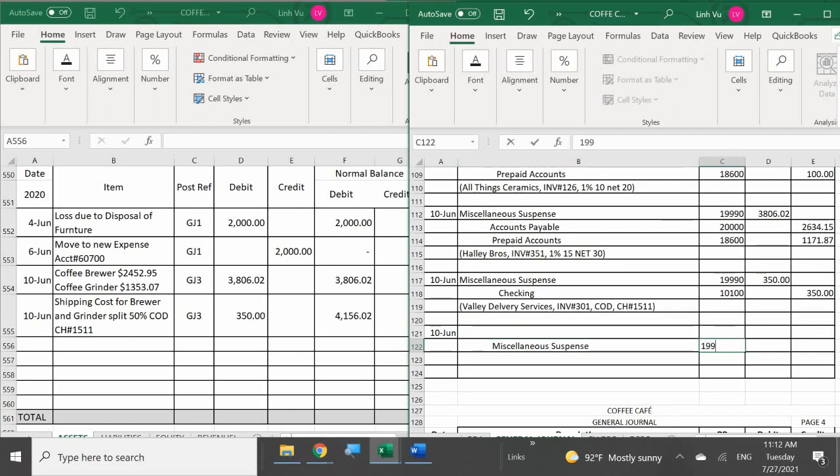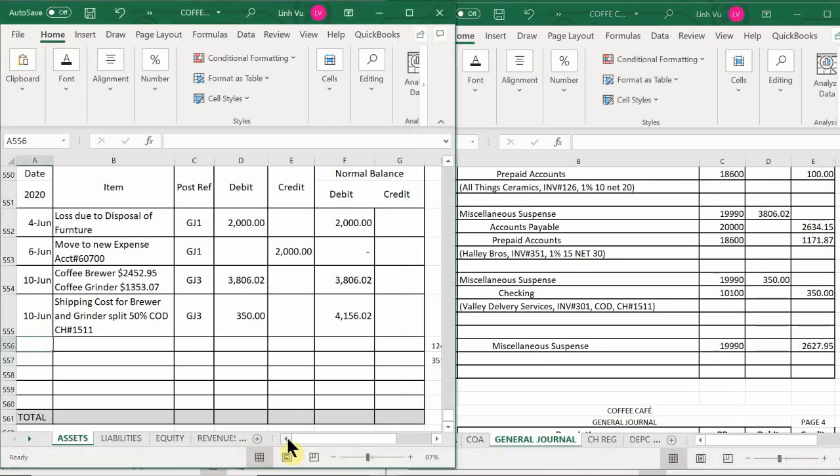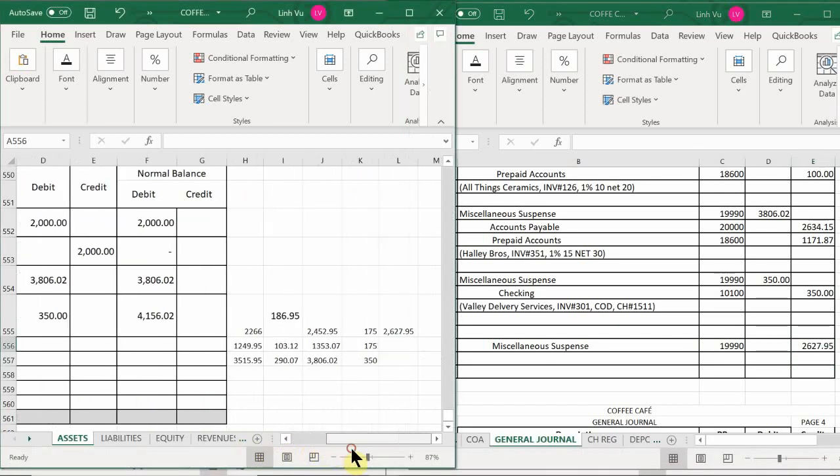That's my coffee brewer number 2: $2,627.95.